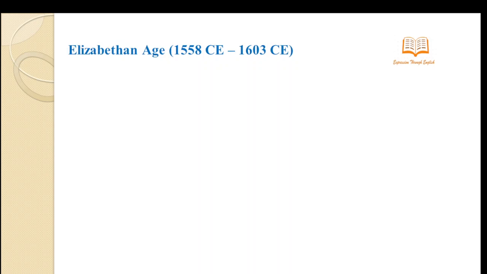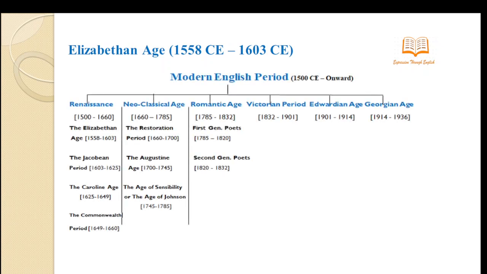Okay, let's begin the lecture about the Elizabethan Age. Let us recall the map we had about modern English literature. You can see this map, rather sketch, I had given in the previous lecture.